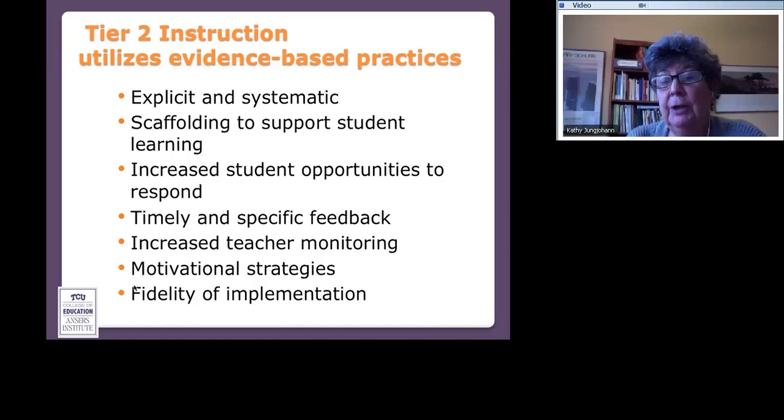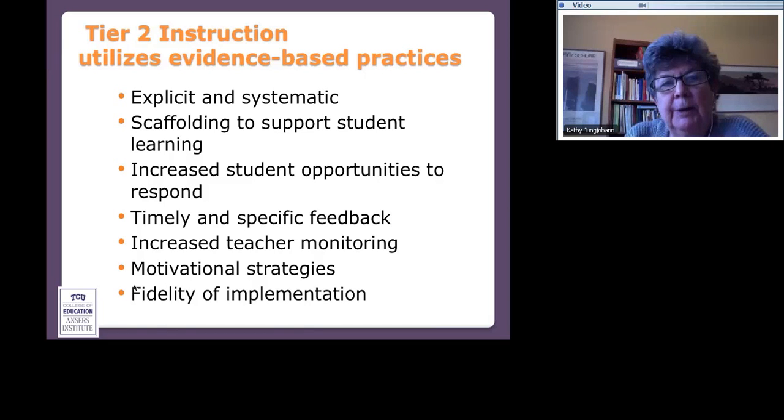There should be increased student monitoring because students are working in small groups. The teacher is there to provide feedback immediately to students and is aware how students are responding, whether they're understanding the concepts. Motivational strategies also become more important in Tier 2 because these are students who have not necessarily been successful with Tier 1 instruction and may need extra motivators to engage in instruction and have a positive attitude towards learning.